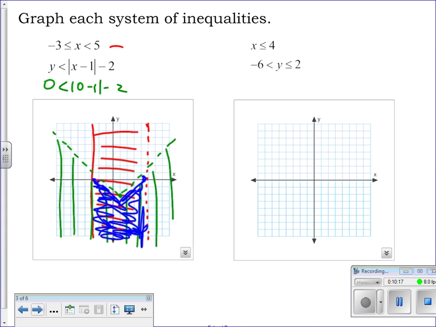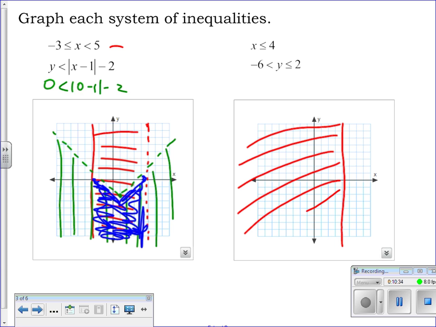Next one, I have an inequality. We did this. X is less than or equal to 4. That means I have a line through 4, 1, 2, 3, 4, and it's solid. And I want everything less than that. And then I have my compound inequality. Y is between -6 and 2.